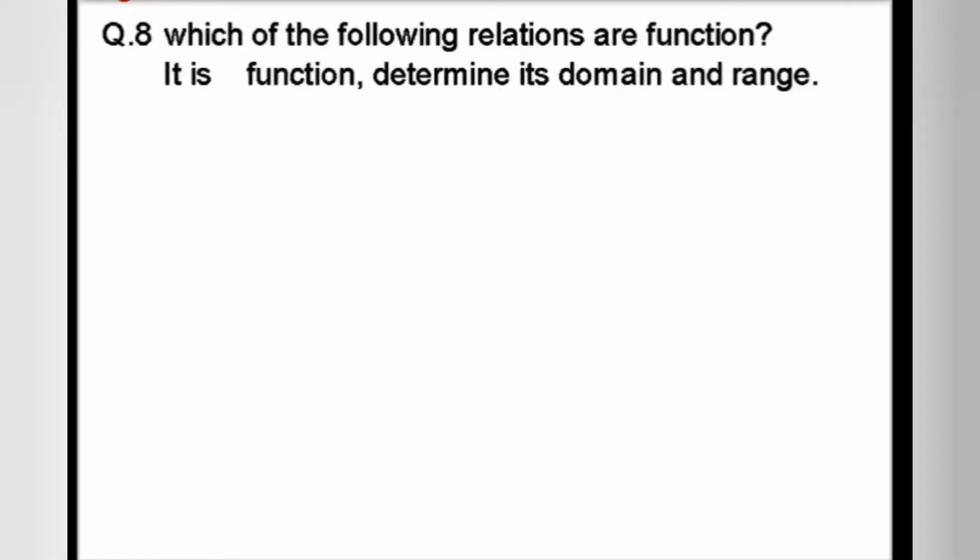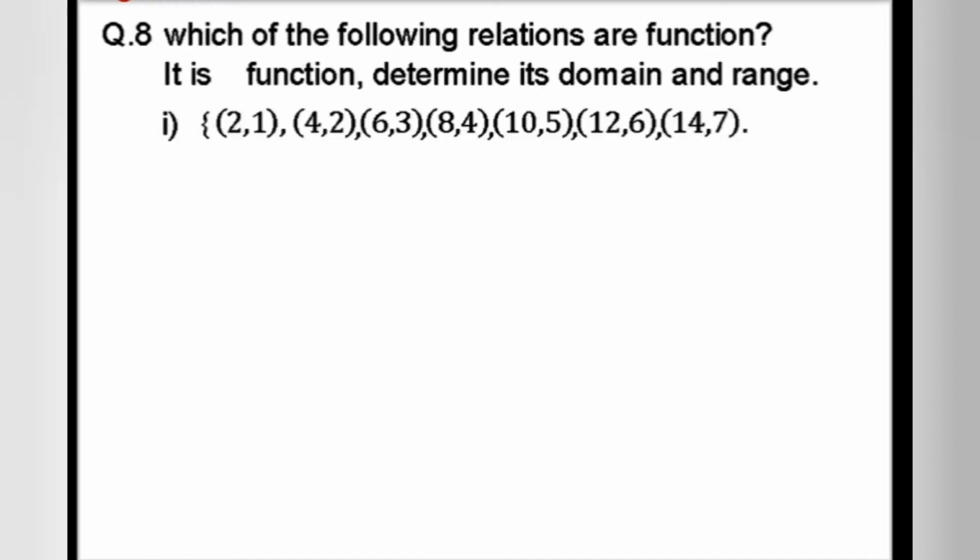Question number 8. Which of the following relations are functions? If it is a function, determine its domain and range. Number 1. Set of (2, 1), (4, 2), (6, 3), (8, 4), (10, 5), (12, 6), (14, 7).